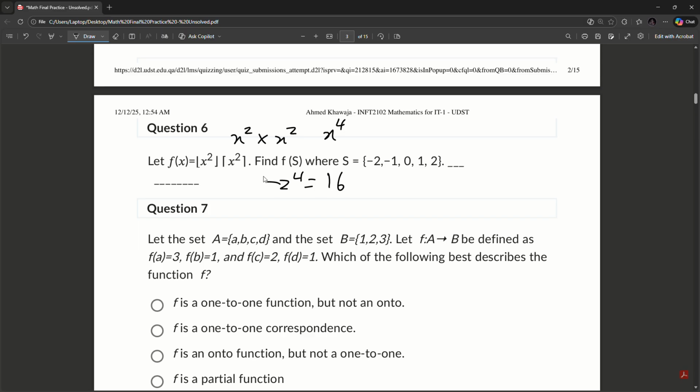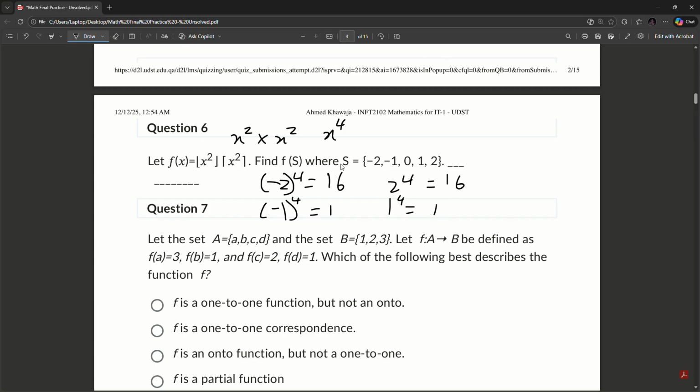When you're doing it in a calculator, you have to put this in a bracket, because if you don't, it'll give you a negative integer, which is wrong. And then minus 1 to the power of 4 is 1. The same can be said for 2 to the power of 4 and 1 to the power of 4, which equal 16 and 1.